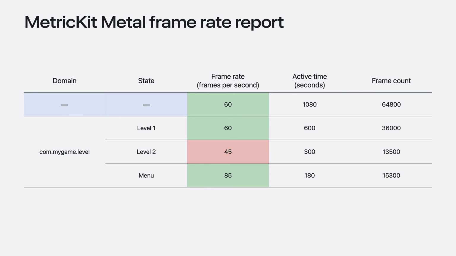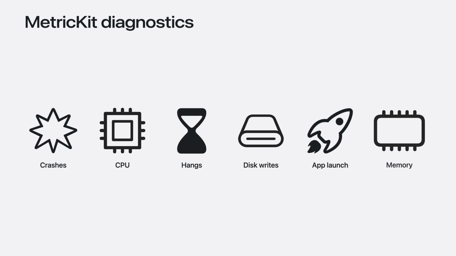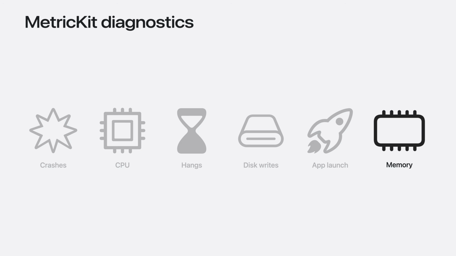This allows you to monitor performance of your game in the field and identify potential issues that you can investigate and fix. In addition to metrics, MetricKit also provides diagnostics that help you identify which code paths cause the performance problem, such as memory exceptions. When your game is terminated for exceeding its memory limit, you get more insight on what happened.